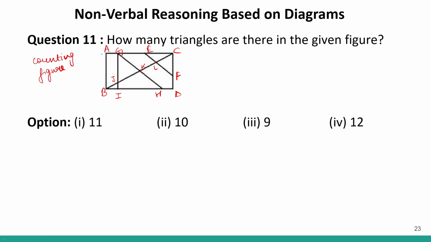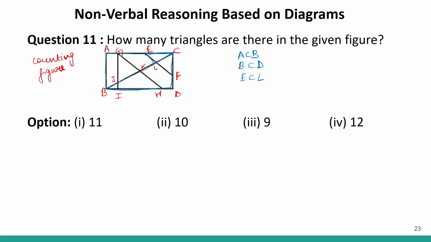So now when I look at this, I can see one big triangle, ACB. Okay, this is one big triangle, so ACB. Similarly, another big triangle is this CDB. So this is another big triangle, BCD. Now I can see this small triangle, ECL.